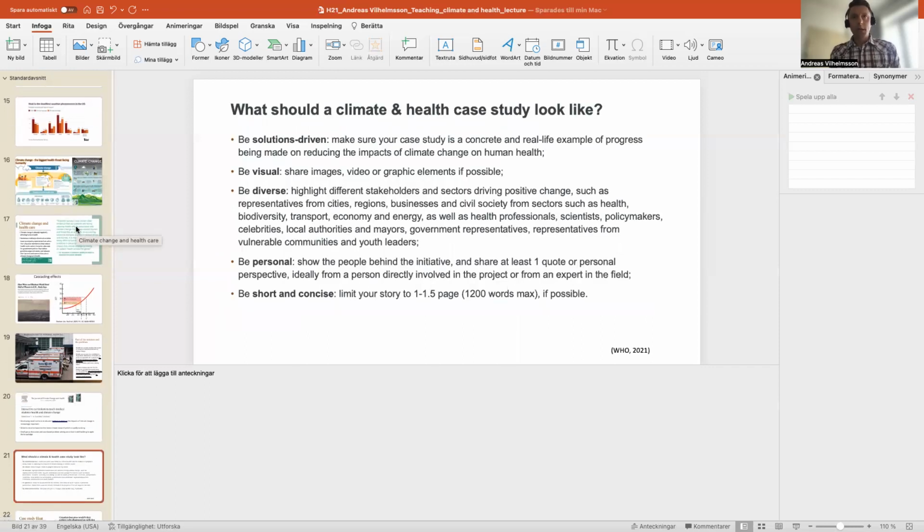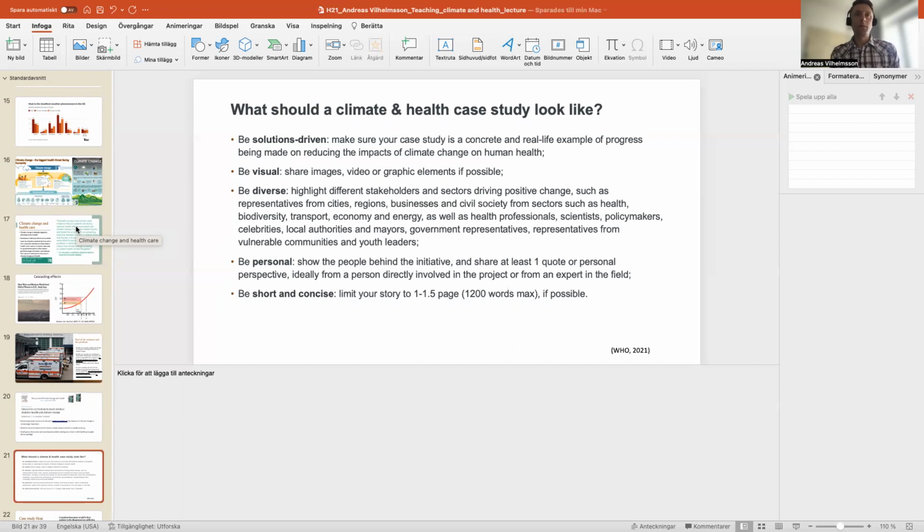So, what should a climate and health case study look like? It is very important that it is solution-driven, that we make sure the case is a concrete and real-life example of progress being made on reducing the impacts, for instance, of climate change on human health. It should also be visible, so that we share images, video, or graphic elements if possible, as I showed.